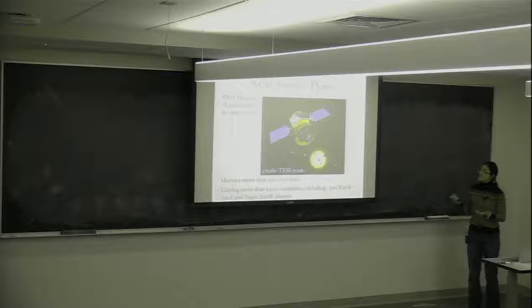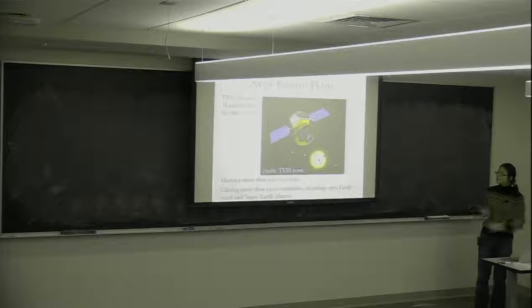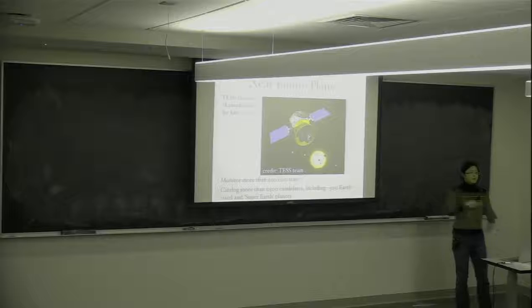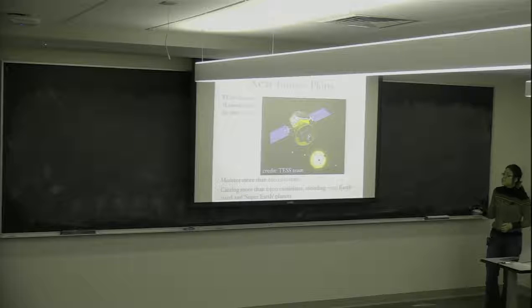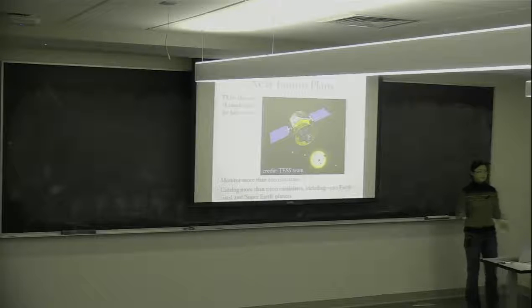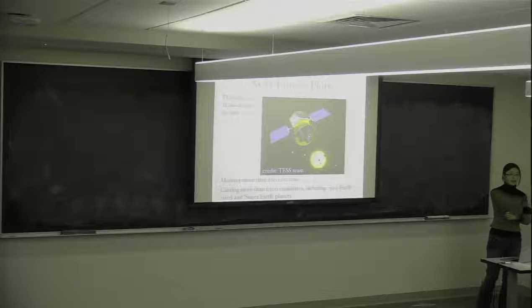And now with the TESS mission, which will launch by the summer next year, it will look closer around us with a 4-pi full sky survey, and will monitor a large number of stars and look at the bright systems, which will be easy to do follow-up observations to detect the atmosphere and planetary companions of those systems.